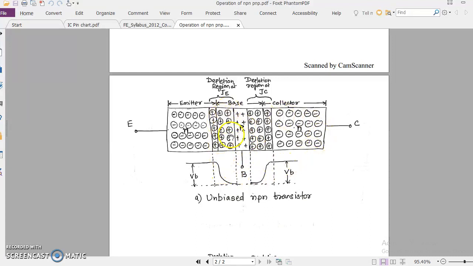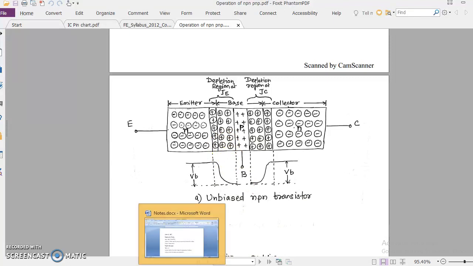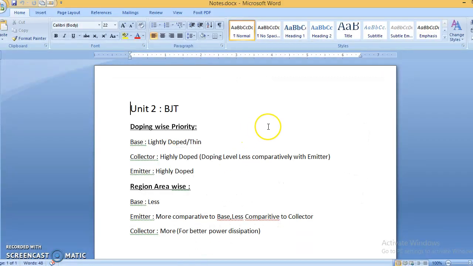So you can see one more important part here, that is the penetration. As we have already studied in the theory lecture, there are two types of priorities, area-wise priority, and the area which is allocated to that particular region.